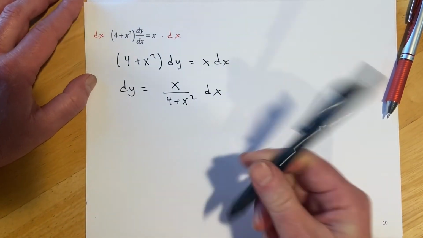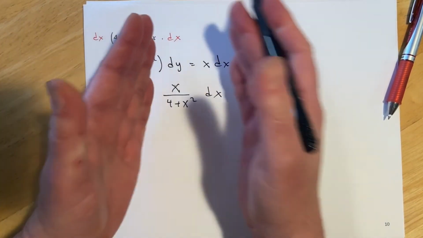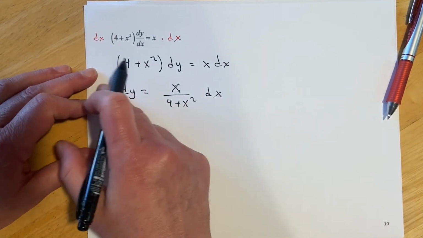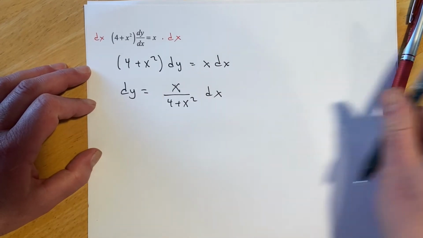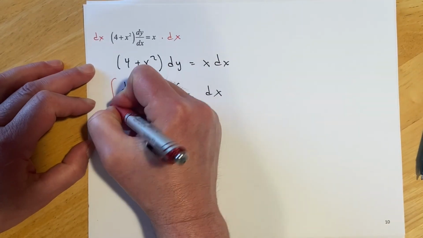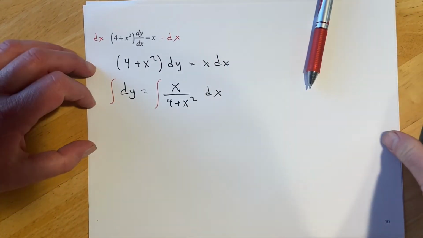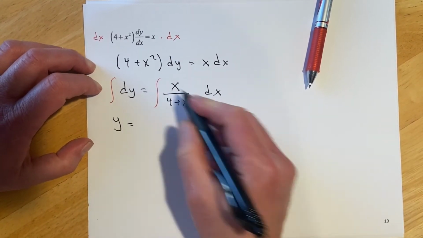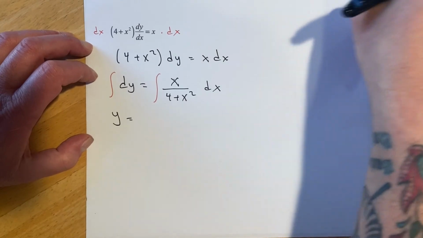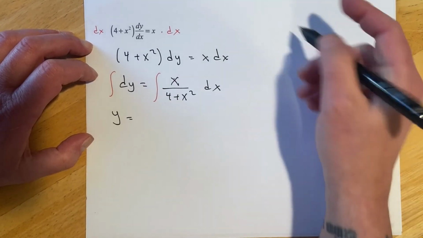Now I have dy by itself, or dy with no terms involving a y, and the x is over on this side. Now I can do my integration. The integral of dy gives us y. And then here, that is going to be a u substitution.